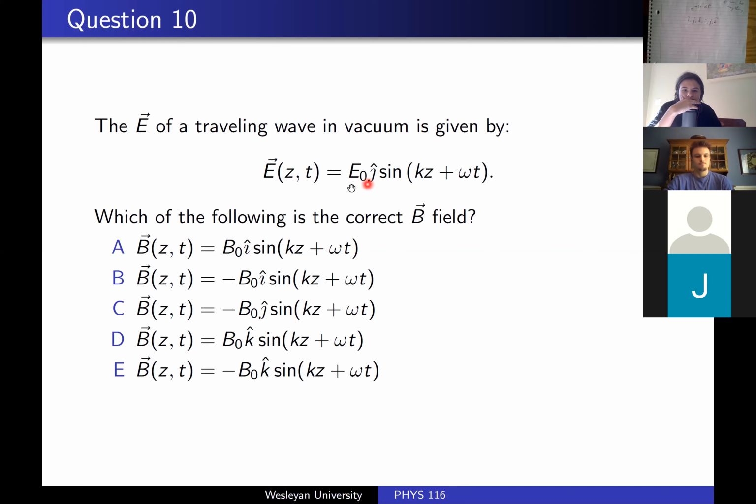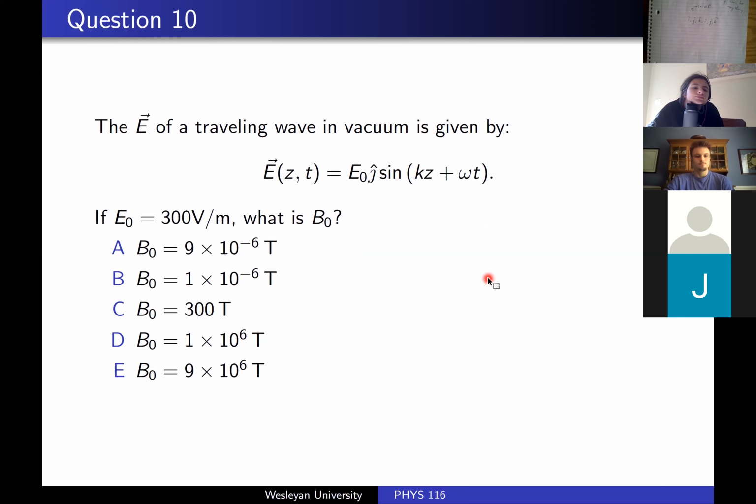The E field is pointing in the Y direction, but we can see that the wave is moving in which direction? The negative, yep, negative. Exactly, the negative k hat direction. So we want j cross something to give us negative k. And in fact, j cross i will give us negative k. All right. So A is the correct answer there.